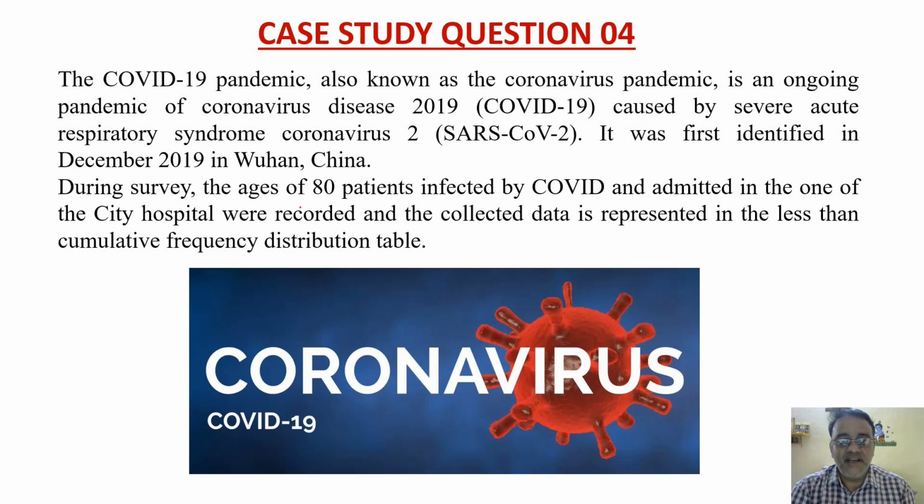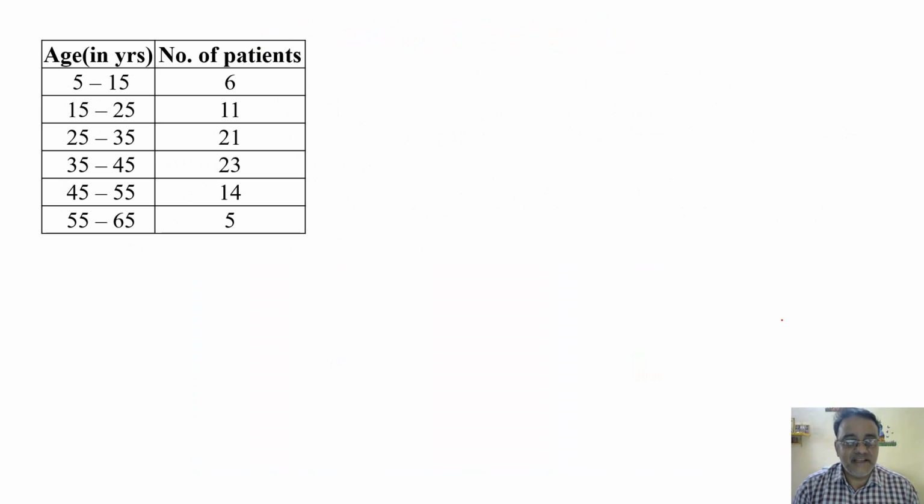During a survey, the ages of 80 patients infected by COVID and admitted in one of the city hospitals were recorded, and the collected data is represented in the less than cumulative frequency distribution table, right? So the table is like that, okay? And based on this, now a few questions are there.